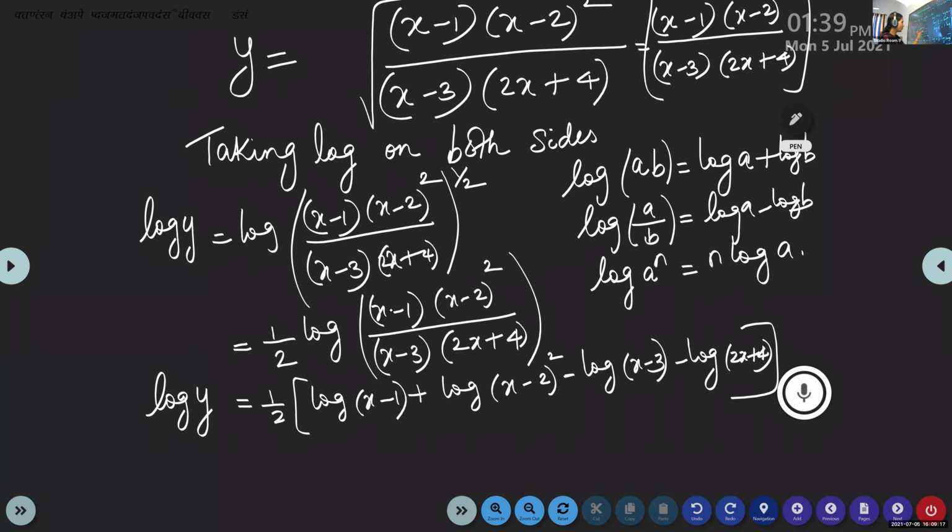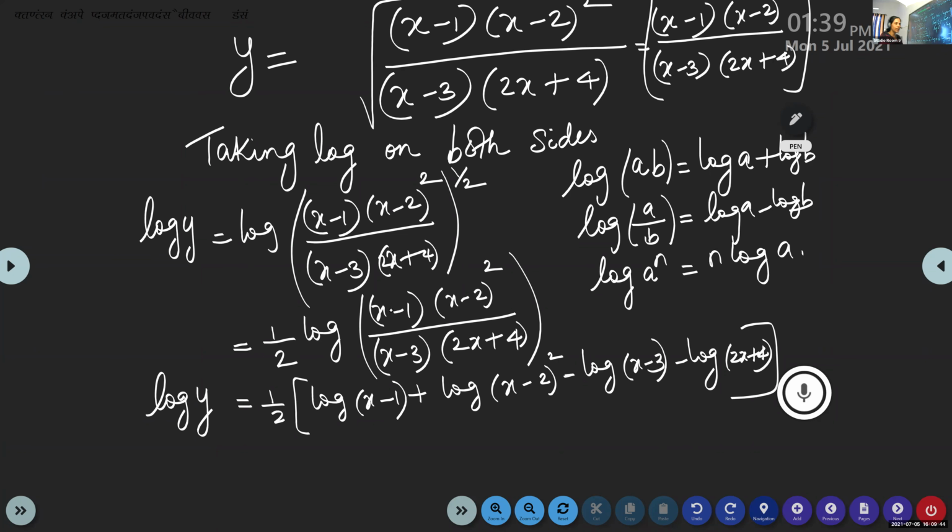Here, log of a into b means we are writing this as log a plus log b. And log of a by b, whenever we get in the quotient, in the denominator, we can write this as minus. Log of a by b is log a minus log b. Here, x minus 3 and 2x plus 4 are in the denominator. So we are writing that as log of (x minus 3) minus log of (2x plus 4).